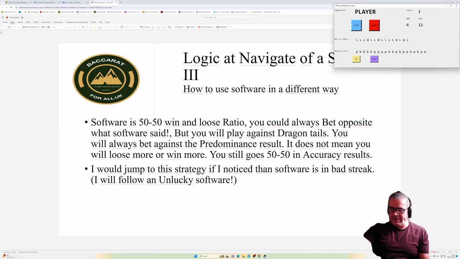After one loss and a second loss, I stop betting, because I understand the software needs time to recognize a pattern, a predominance. After you hit one win or two wins, you can restart.